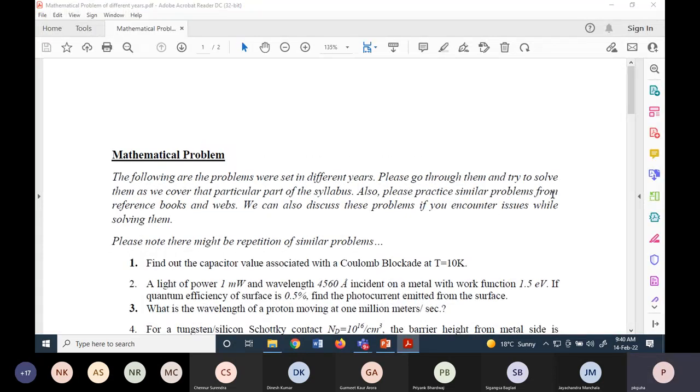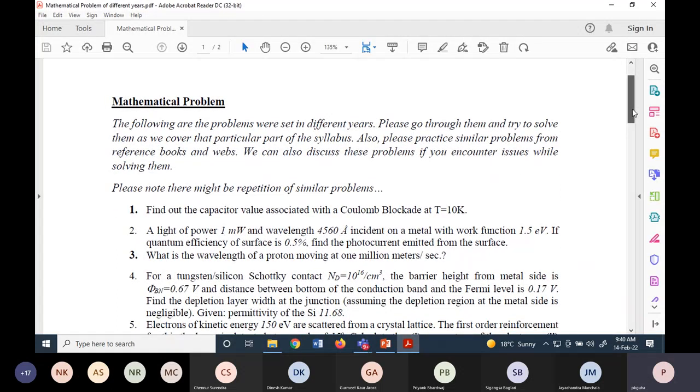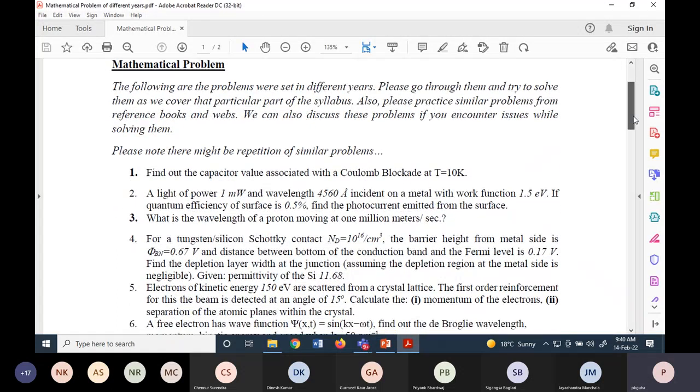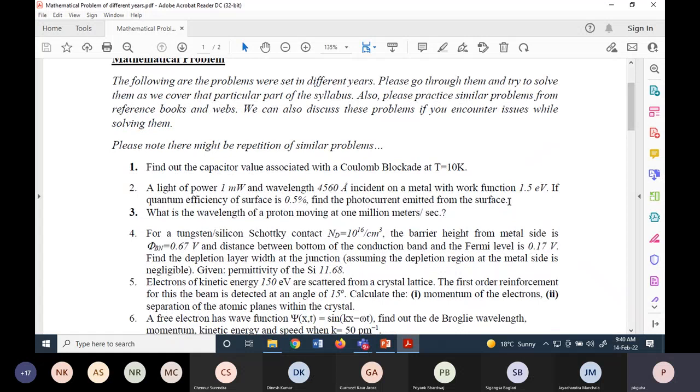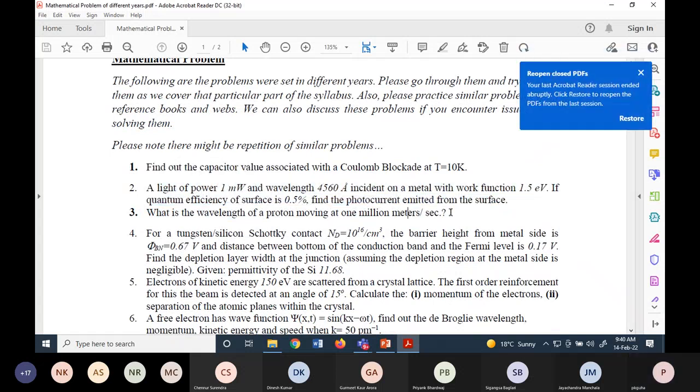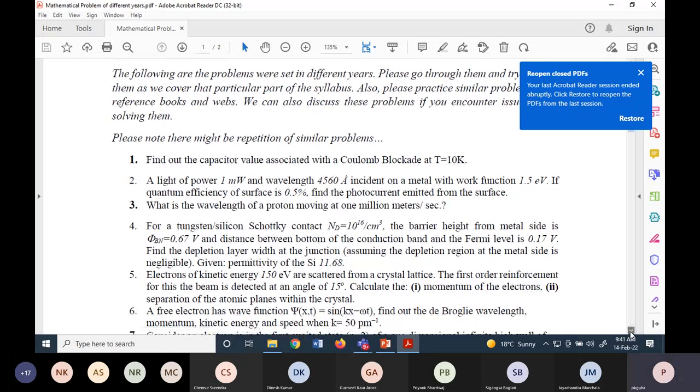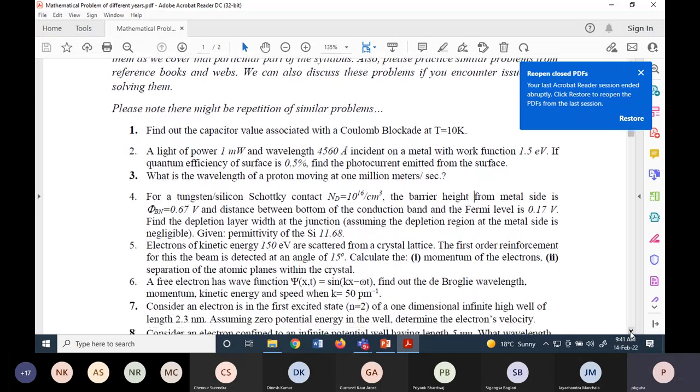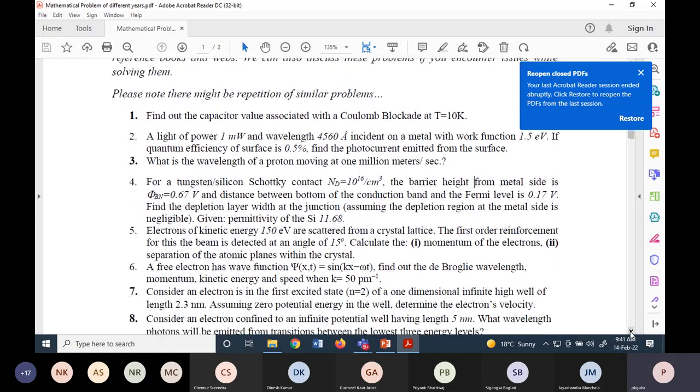So I've given some problems. Some of the things are not covered, so don't bother about doing those for the time being. For example, number 2 is using the photoelectric effect. This is again using the de Broglie equation. These two are there.